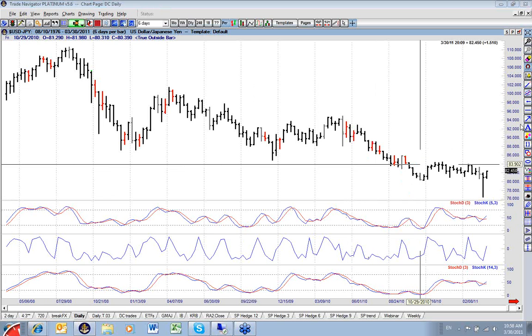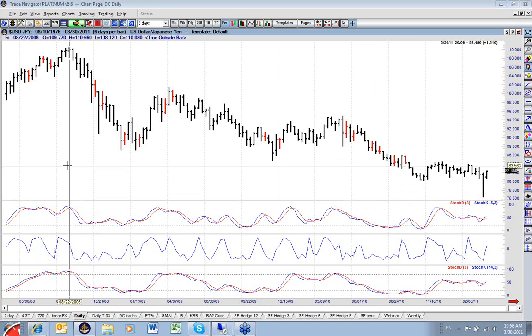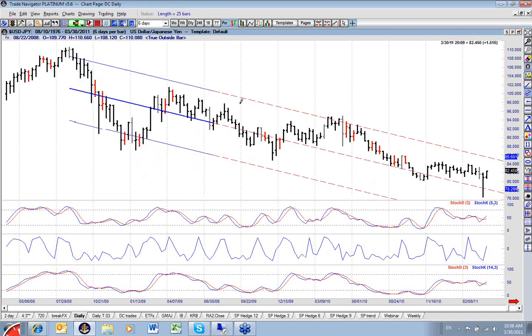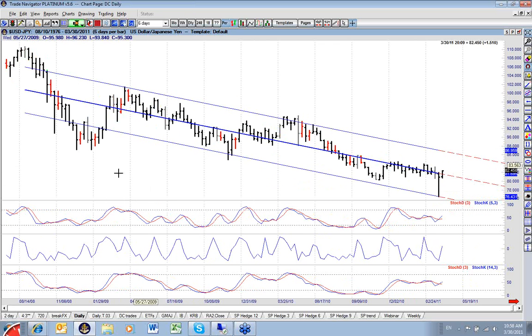And now we get a perspective of what this market's been doing. We've now got the high back in 2008, and this market is just on a one-way trip all the way down. It's very interesting you ask this, because this currency, the US dollar, and its relationship with the yen is very important for huge mercantile interest.